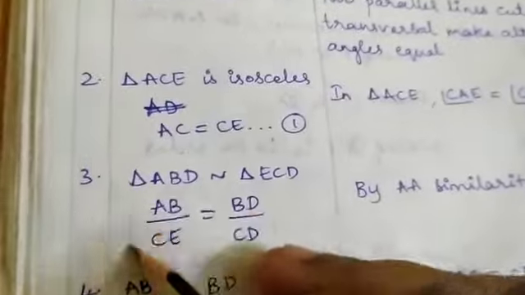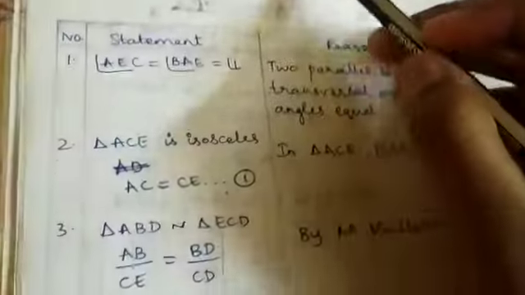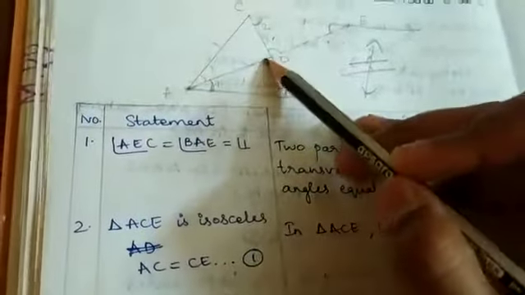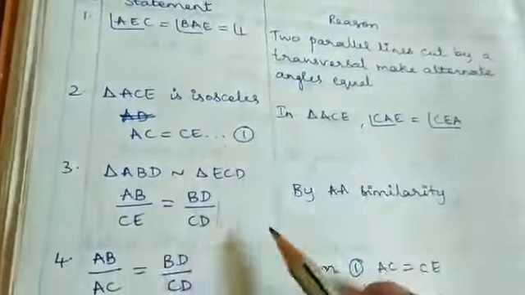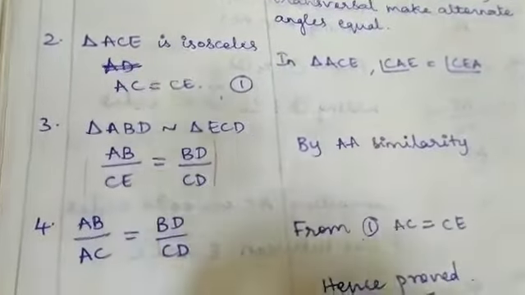So we'll take the ratio by Thales theorem, which is AB by CE equal to BD by CD.